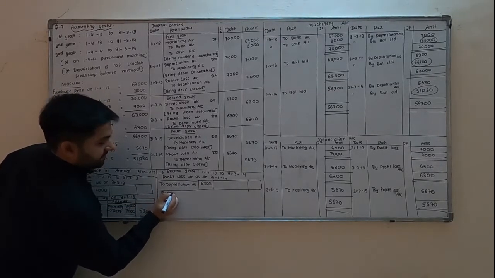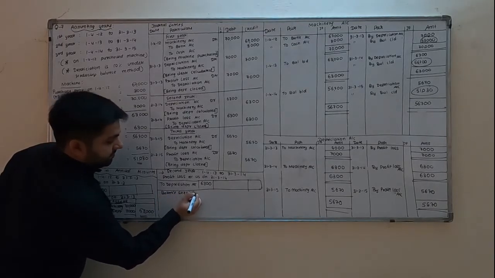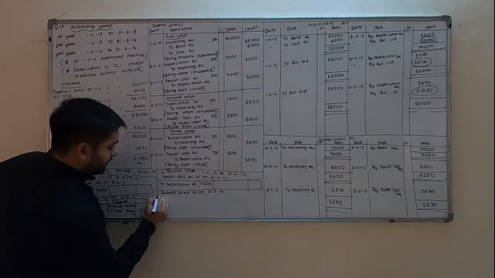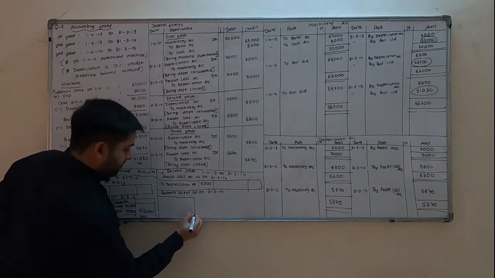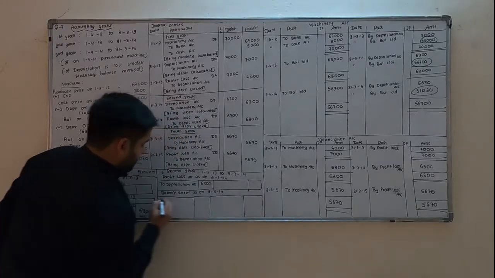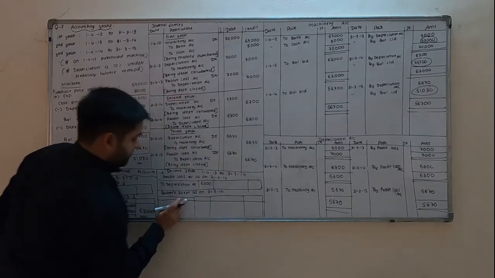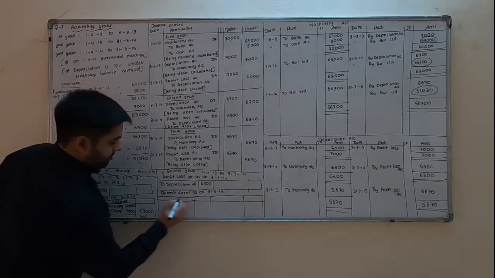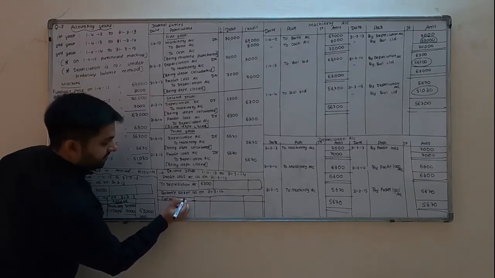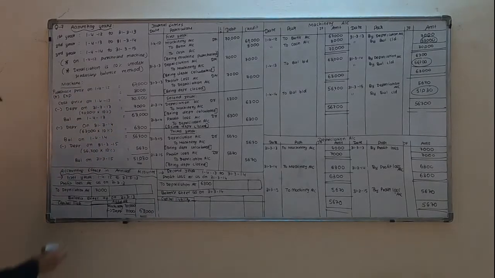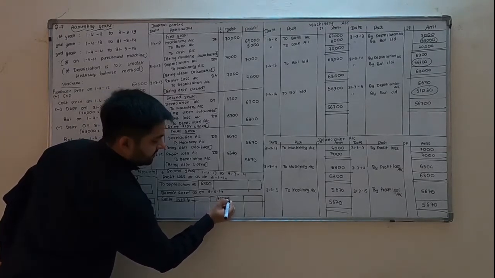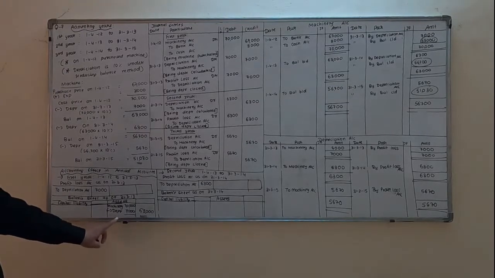Now in balance sheet as on 31/3/14. So this is capital and liability. And this is assets. Now, machinery.